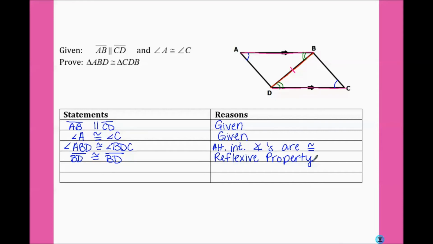Now, looking at our triangles, we have two angles and one side marked. The question is, is it angle, side, angle, or is it angle, angle, side?